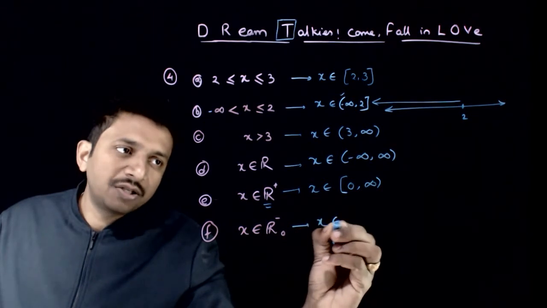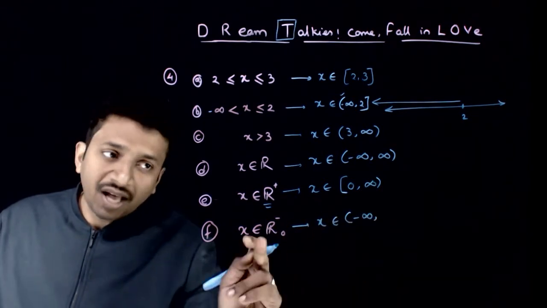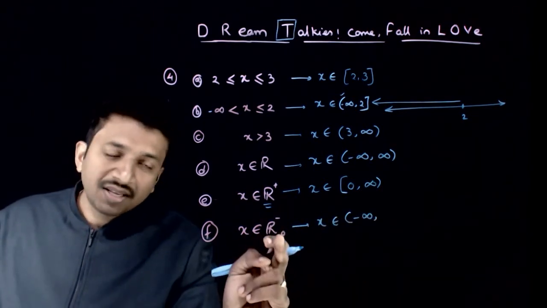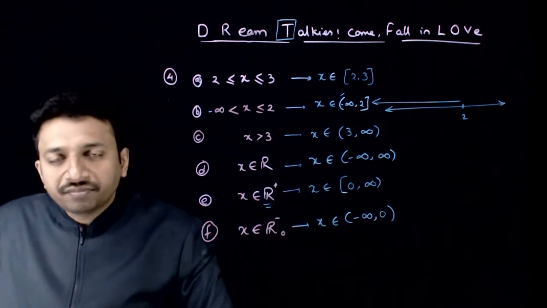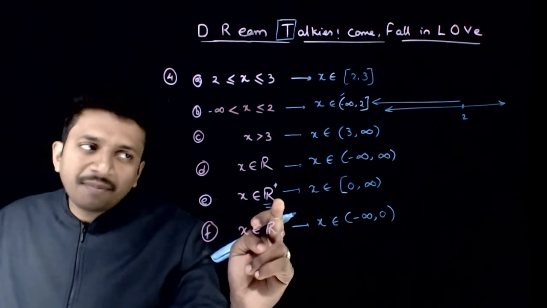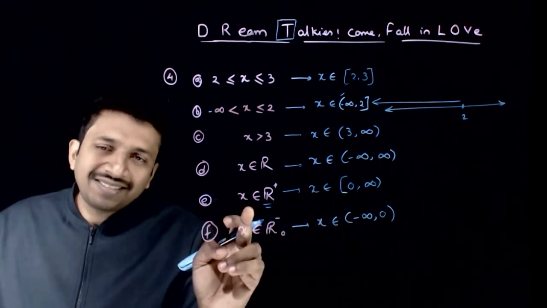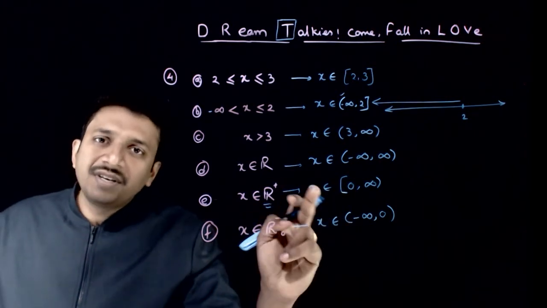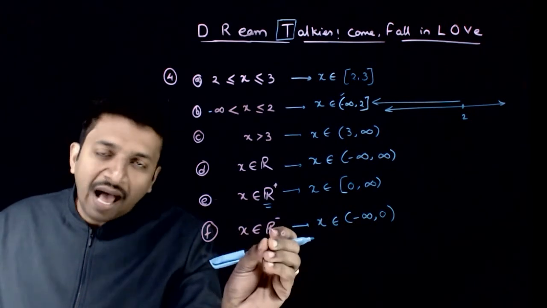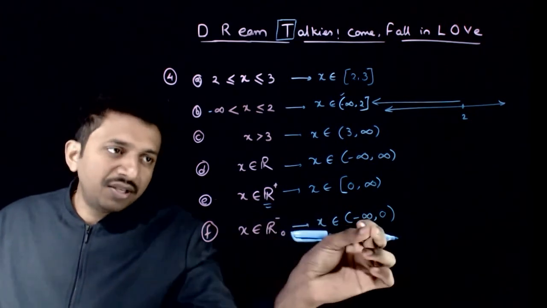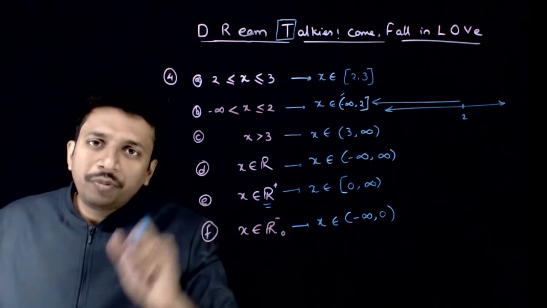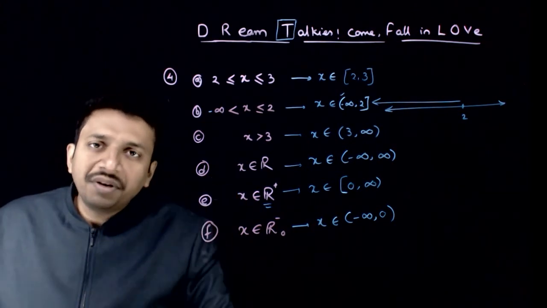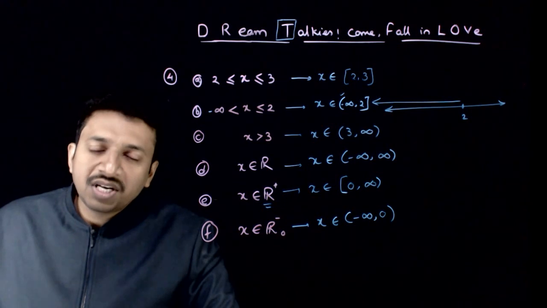That is x belongs to minus infinity, R minus, that is negative real numbers excluding 0. Minus infinity to open 0. So if you just write R plus, closed 0 to infinity. If you just write R minus, minus infinity to closed 0. If you write R minus excluding 0, then 0 is not included. So I hope you have understood these problems on intervals. Now let us go forward.